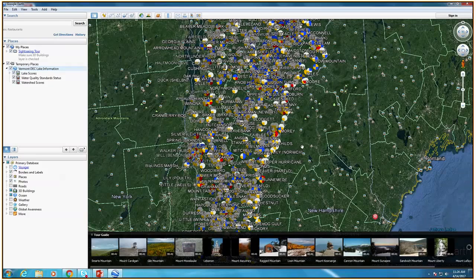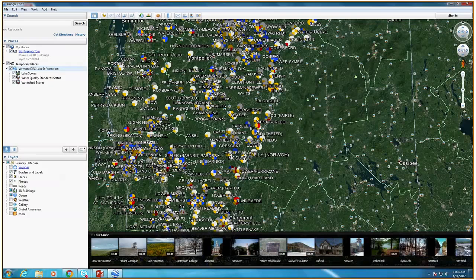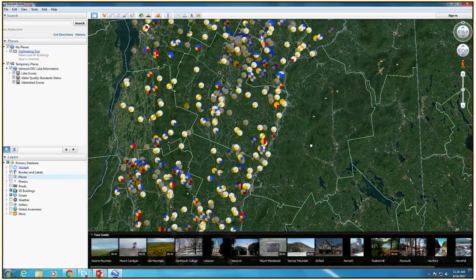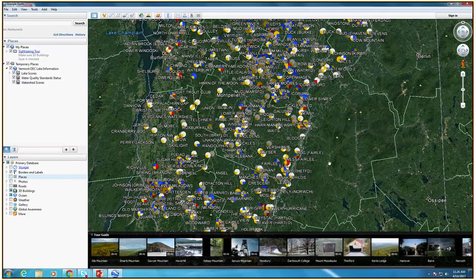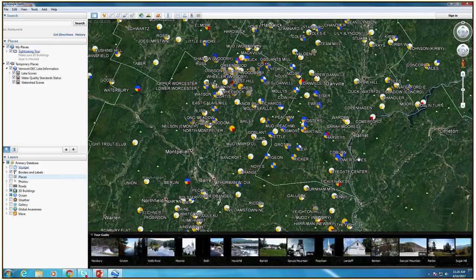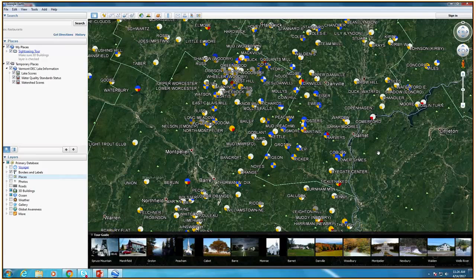Looks a little busy at first. Let's see, looks like I want to take off a couple of other layers here. Yeah, that's better. So you can play with your image depending on which computer you're on. You may see different things. The one thing that is refusing to function today, unfortunately, is that watershed outline that I showed you before.